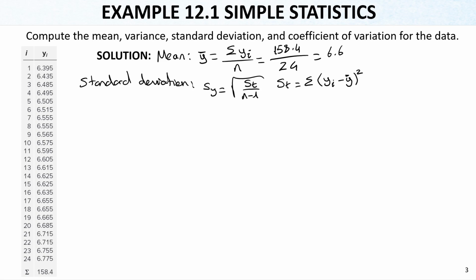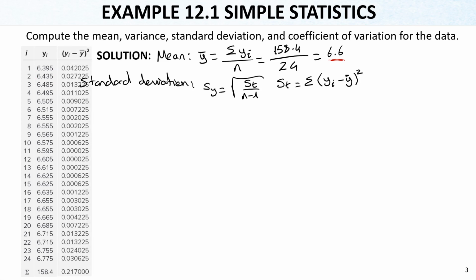So we will simply subtract the mean, 6.6, from all data: minus 6.6, minus 6.6, minus 6.6, and it will give us the subtractions. Then we will take the squares of these, to the end. Then we will sum them at the bottom. If we do this, you will get these results.